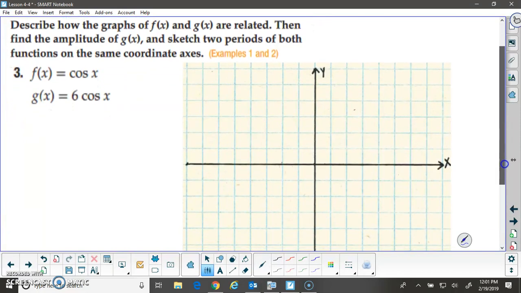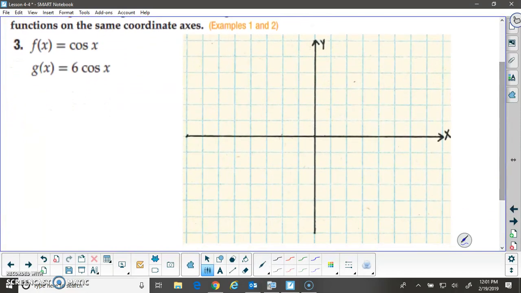Next one, we've got a vertical stretch of 6 happening. So I'm going to set up my y scale like this. And I'm going to keep the same labels on my x-axis.